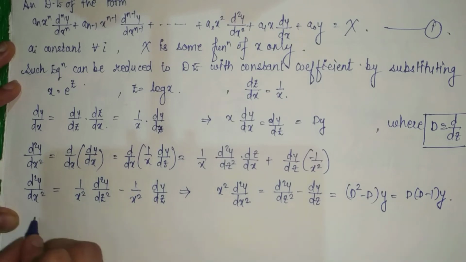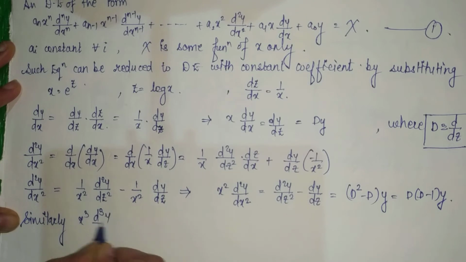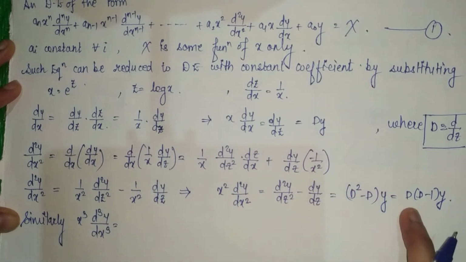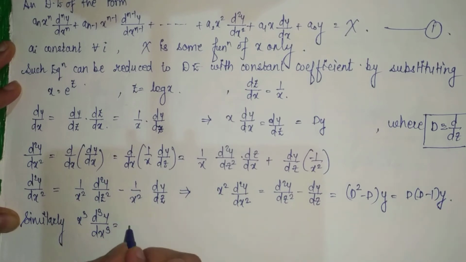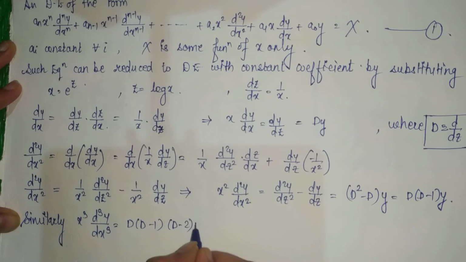Similarly we can find x cube d cube y by dx cube, which is D into D minus 1 into D minus 2 of y, and this process goes on.